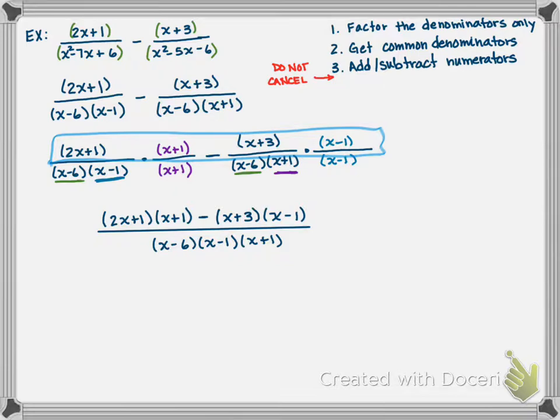So our goal here is to get a product in the numerator and a product in the denominator. So the denominator is already a product. You guys see that? So I don't have to do anything else in the denominator. I'm going to simplify the numerator.